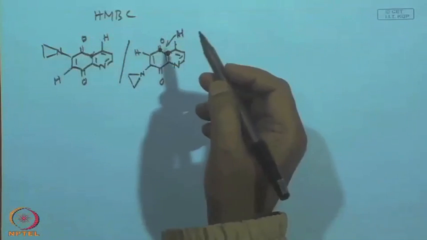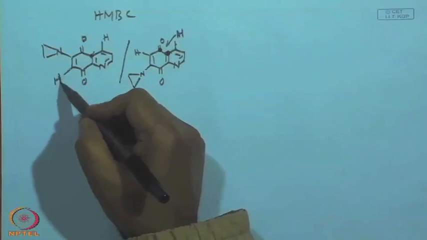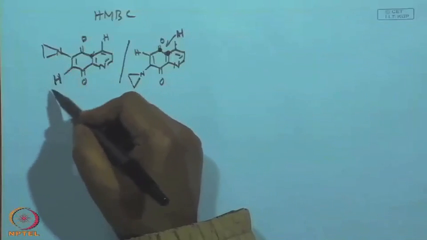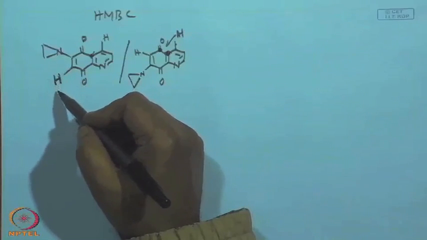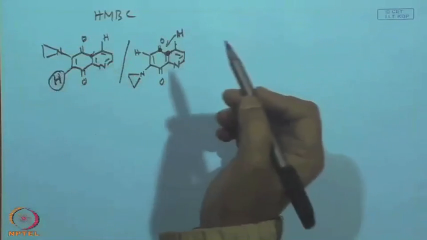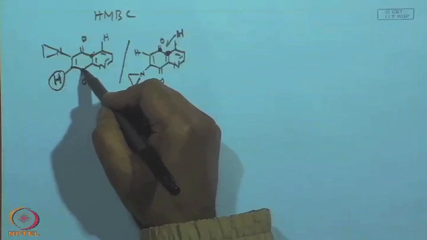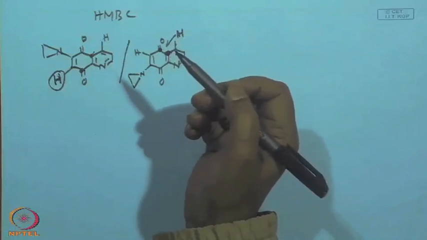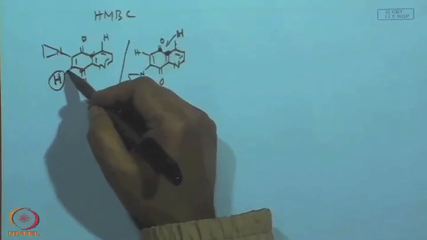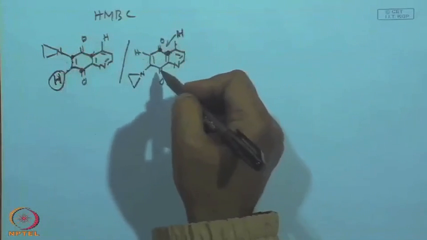Okay. Let us see what else. You can see this most upfield hydrogen, this is not an aromatic hydrogen, so it should be the most upfield hydrogen. What you see here is again a carbonyl carbon and what else, 1, 2, I mean you can say nitrogen carbon.